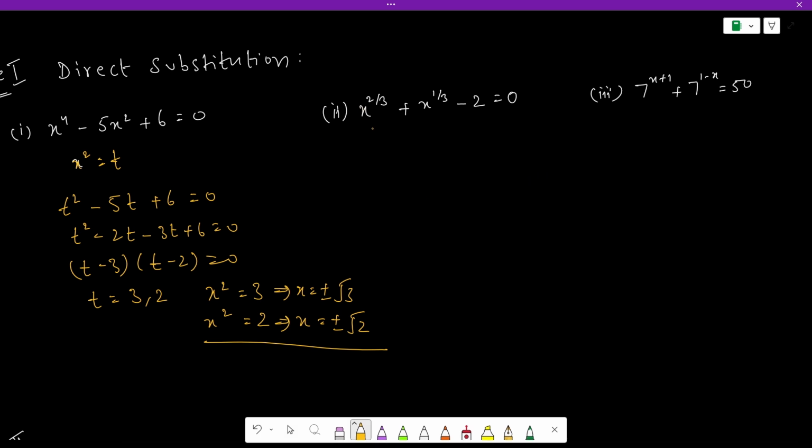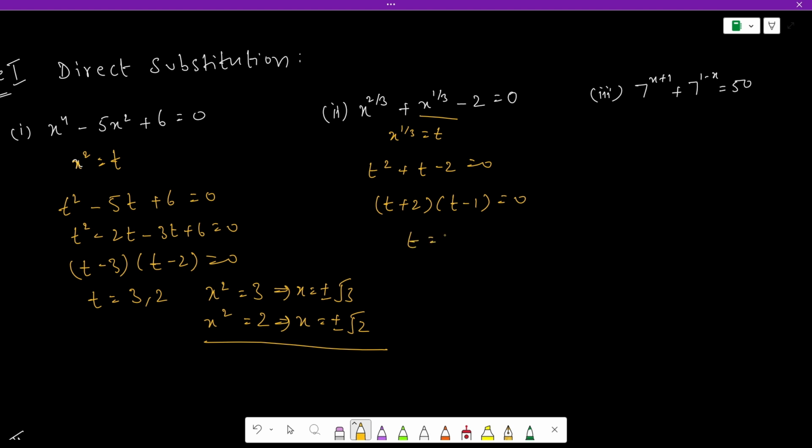So now let's solve it. Here in this question we can substitute x raised to the power 1 by 3 as t. So x raised to the power 1 by 3 equals t. So this is t square plus t minus 2 equals 0, and this also can be easily factorized. So it will be t plus 2 into t minus 1 equals 0, right?